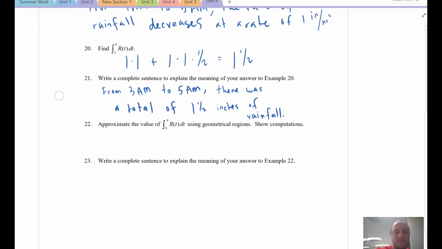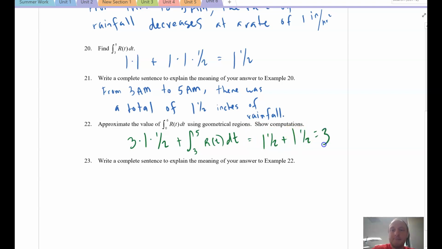So 3 times 1 times 1/2, plus the integral from 3 to 5 of r of t dt, which we said was 1.5. So 1/2 of 3 is 1.5, and 1.5 plus 1.5 is 3. Okay, so there's our signed area.